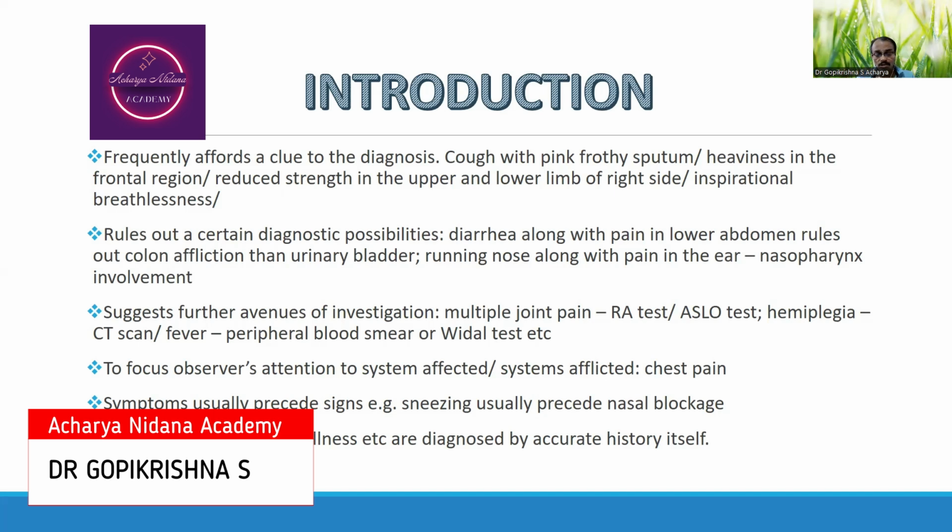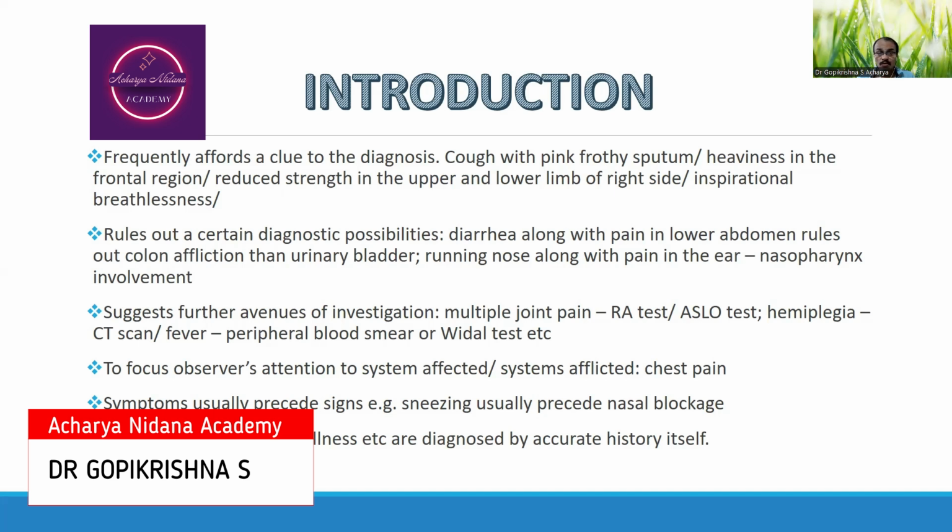And when you think about the case history itself, seizures, that means convulsive episodes, ischemic heart disease, and psychiatric illnesses are solely diagnosed by accurate history itself. So these are the different reasons wherein the importance of case history lies.